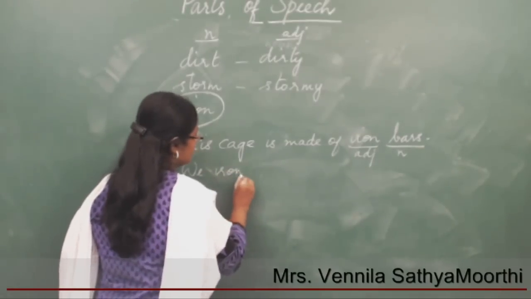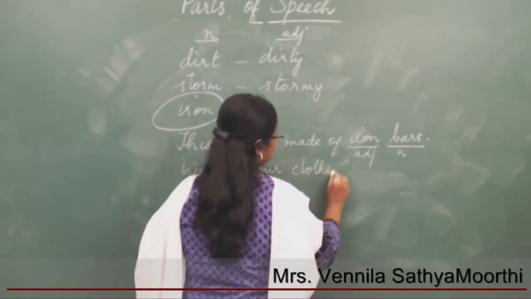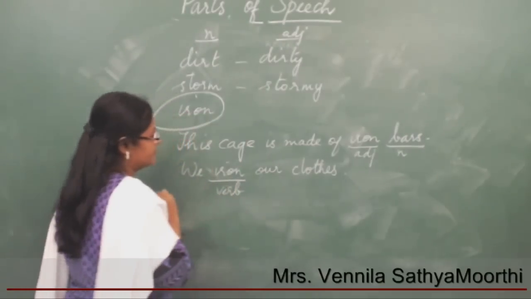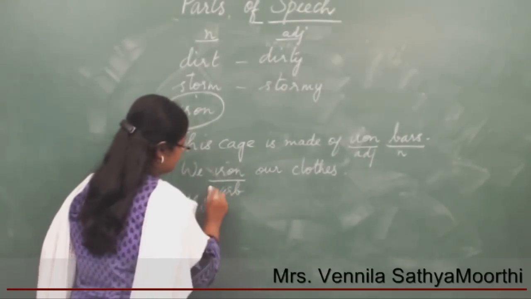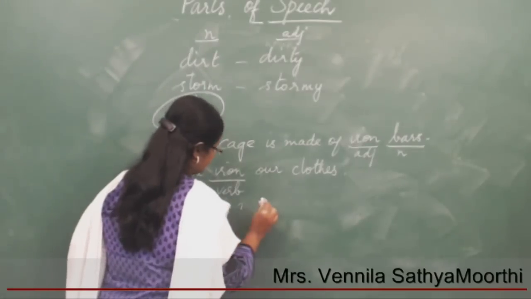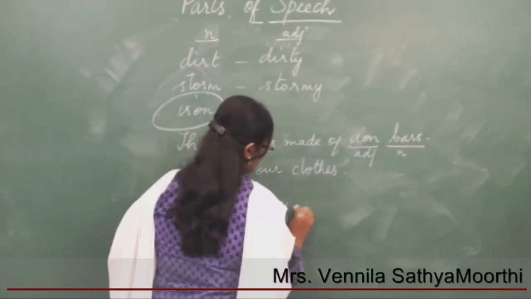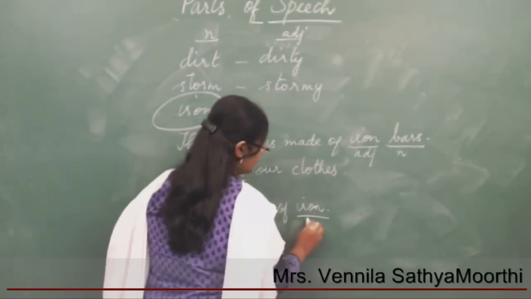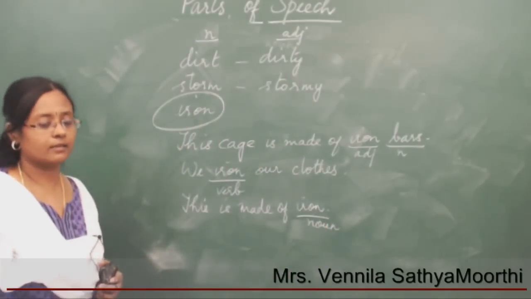We iron our clothes, which means we press our clothes. Here it is the action, so it is a verb. This is made of iron, but you stop with iron, right? We don't have anything else after that. Then you see it is clearly a noun. It's made of iron.